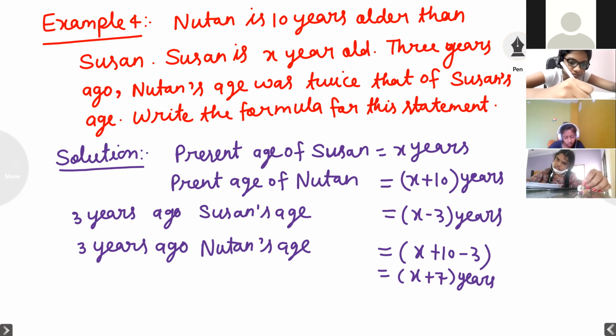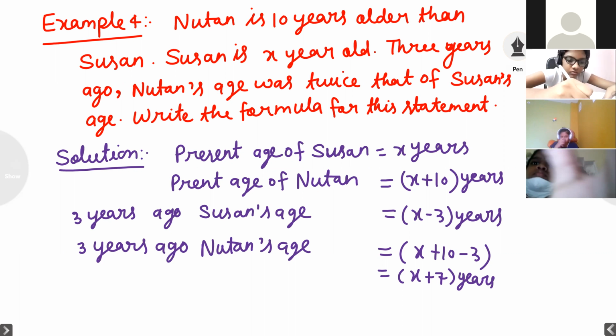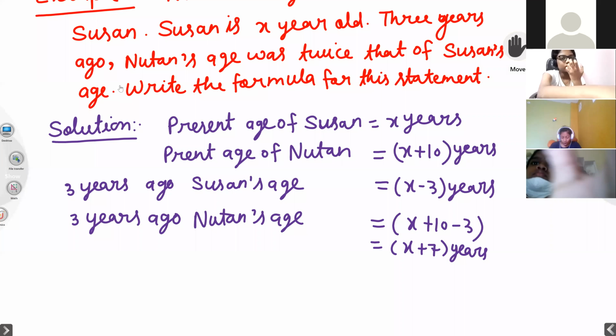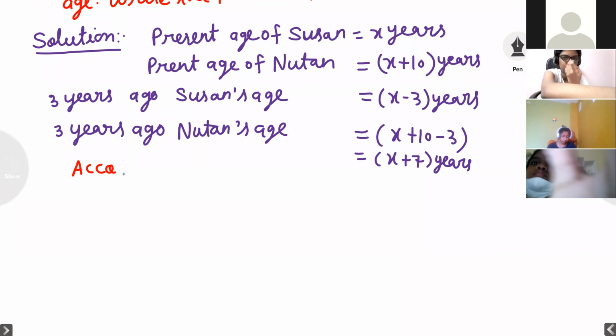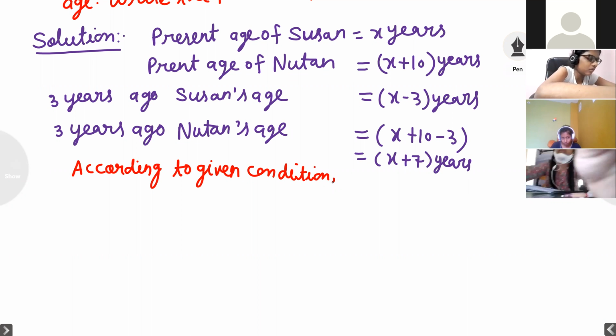Now we want to write the formula according to the given condition. He has given: Nutan's age was twice that of Susan's age.